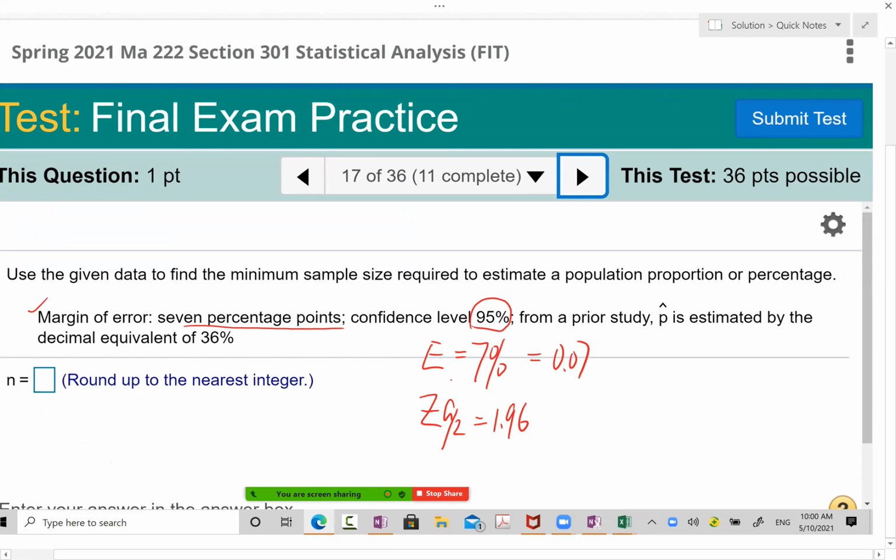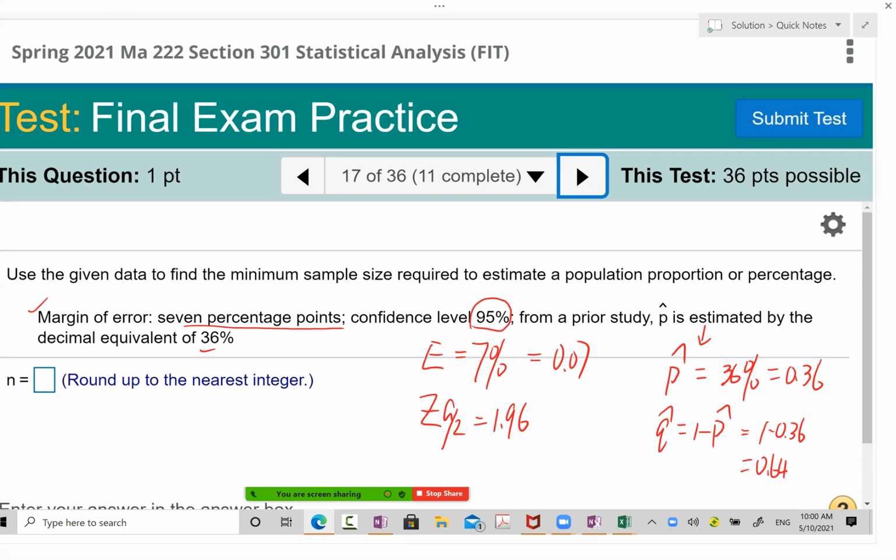Okay, and then p hat is given, right? P hat here is 36%. You know p hat, you know q hat is 1 minus p hat. So 1 minus 0.36 is 0.64. How do we get 1.96 for critical z-score? One more time, let me show you.